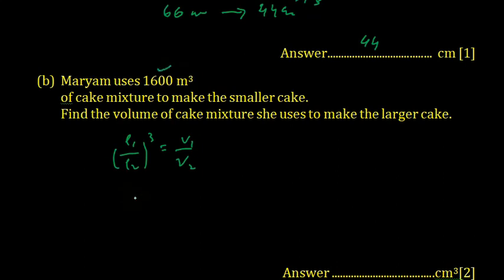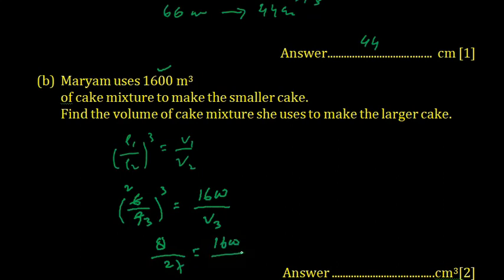So we write 6 upon 9, the corresponding height of the cake, cubed equals V1, the smaller volume, given as 1600, upon V2, the volume of the larger cake. Simplify it: 3 into 6 is 2, 3 into 9 is 3. 2 cubed is 8 and 3 cubed is 27, equal to 1600 upon V2.